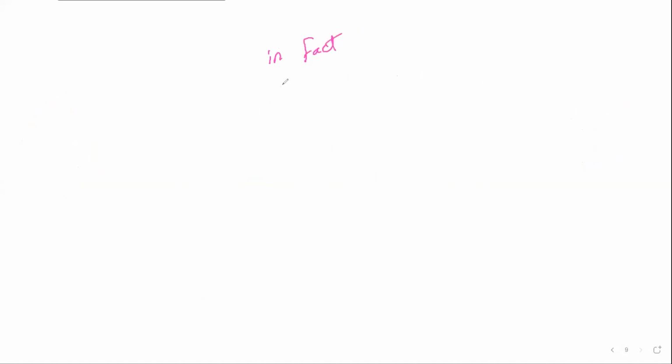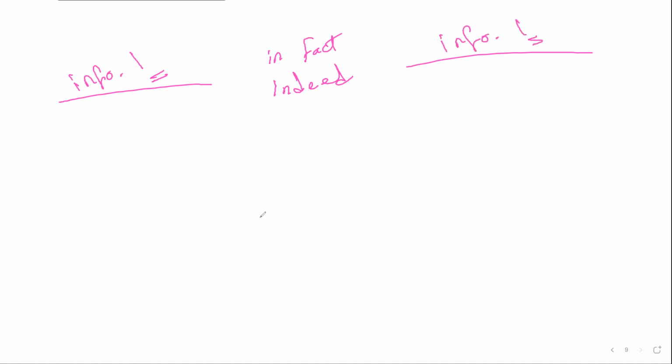Well, as I told you guys, with in fact or indeed, you just repeat with the same writing style, with the same difficulty level. This is piece of information one, and it is repeated almost here with in other words, or that is.